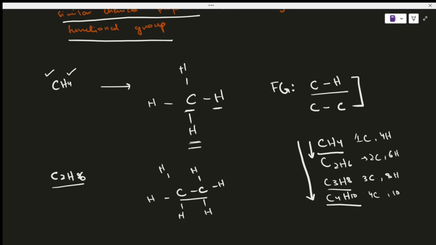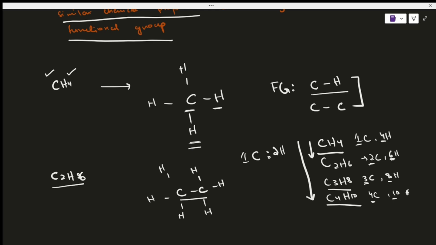So every time you go down a series, carbon is increasing by 1 and hydrogens are increasing by 2. It was 4, 6, 8 and 10 for hydrogen, and in the same way carbon was 1, 2, 3, 4. So with every carbon, there is an addition of 2 hydrogens.